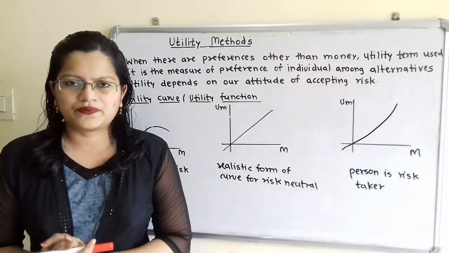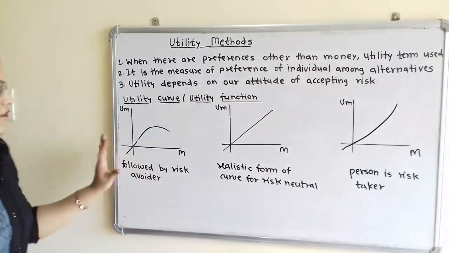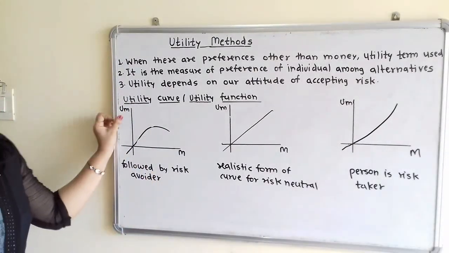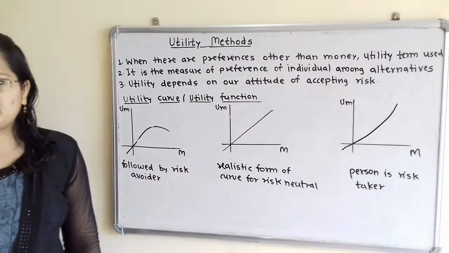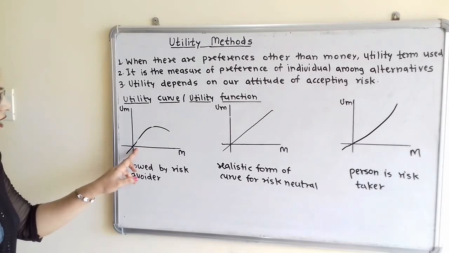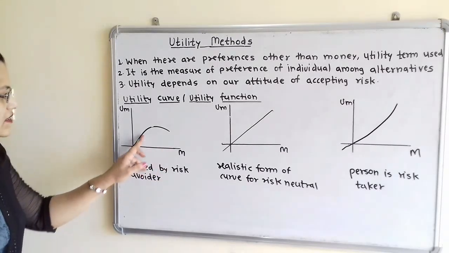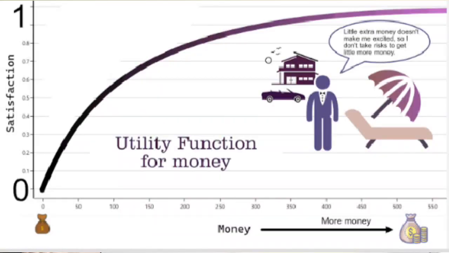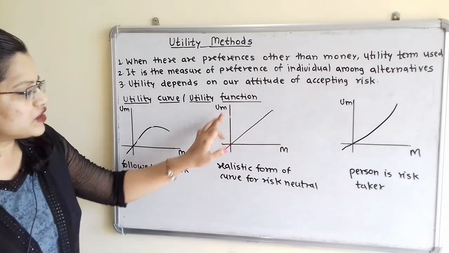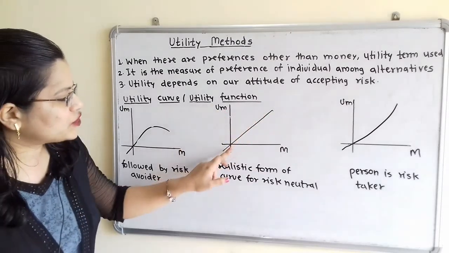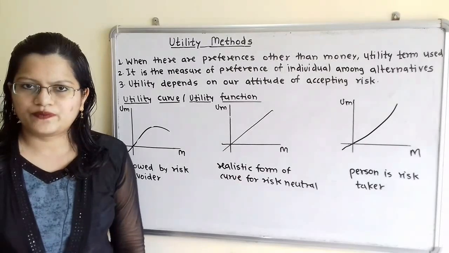is there. Now the first curve, if we observe, this curve is utility measure versus money. Now if we observe, as the money value increases, the slope decreases. This curve is followed by a risk avoider. Now the second type of curve, utility measure, is directly proportional to the money value.